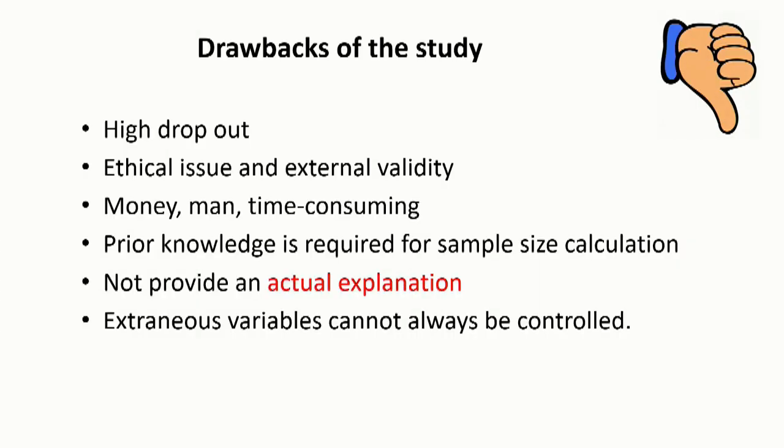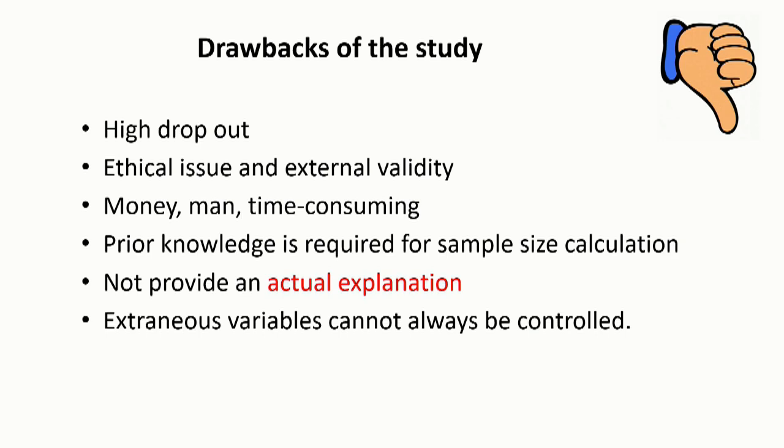But the problem is experimental design is not that easy. People usually have some dropout rate, especially when you do a long-term experimental design, like a 6-month trial in humans, or even animals. You do a long-term trial.